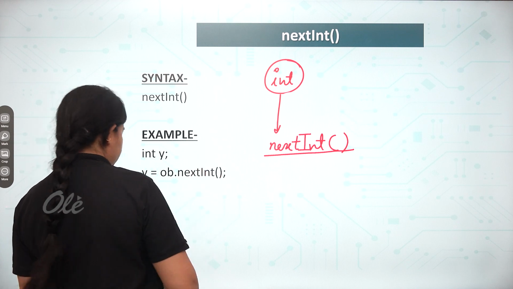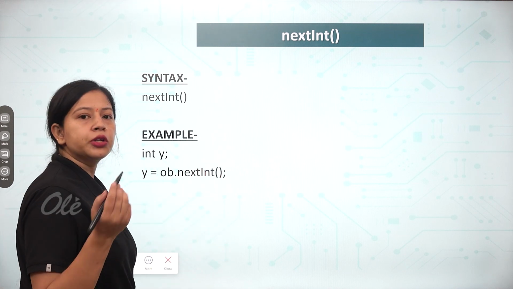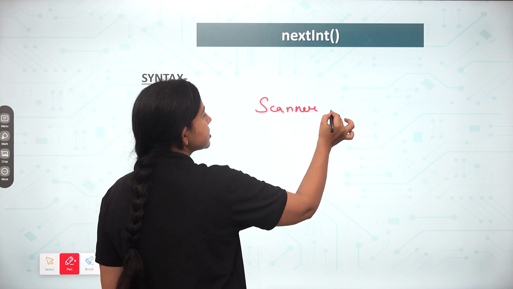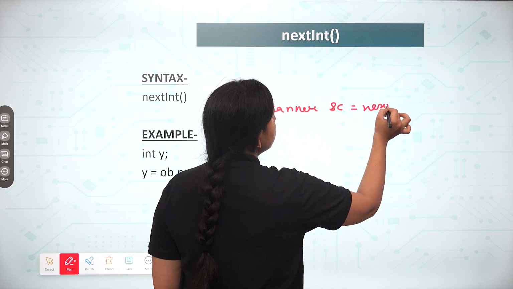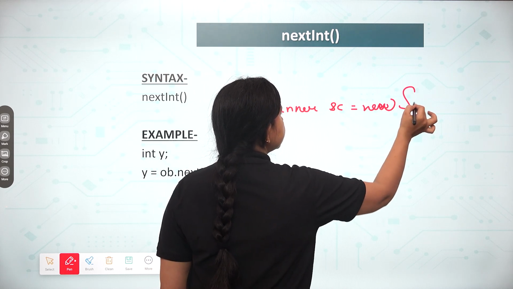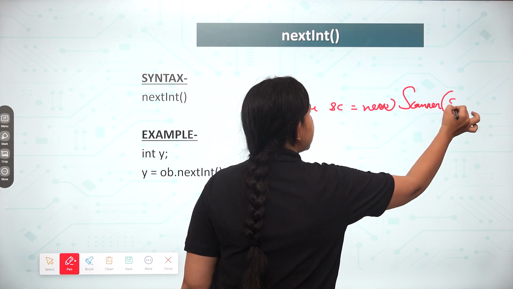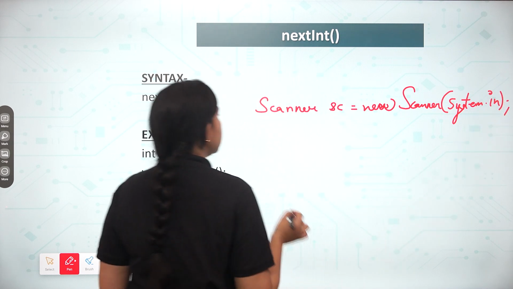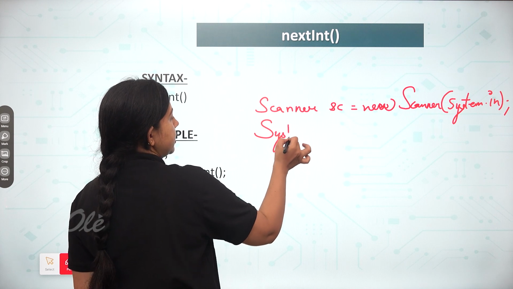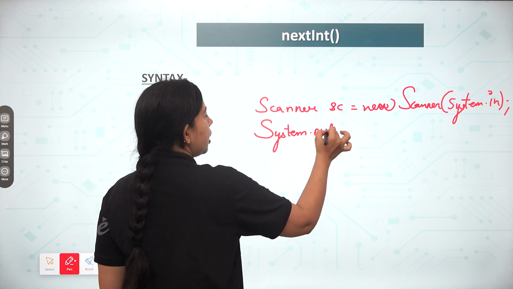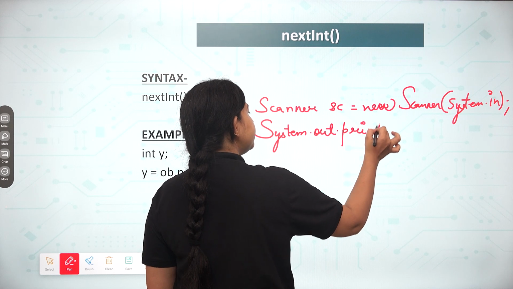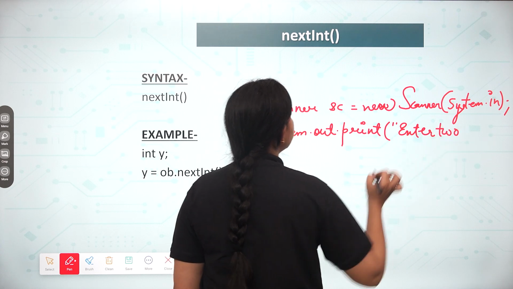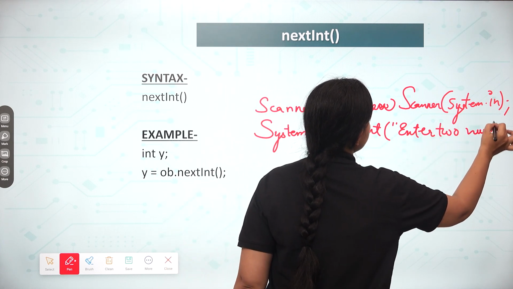We can take one example over here. Suppose we want to take two numbers from the user. So firstly, I create the object of that scanner class, Scanner sc equals new Scanner. We pass the value using System.in because we want to connect the keyboard, and then we give a message to the user inside System.out.print, enter two numbers. If we are talking about two numbers, we need two variables to store that data.